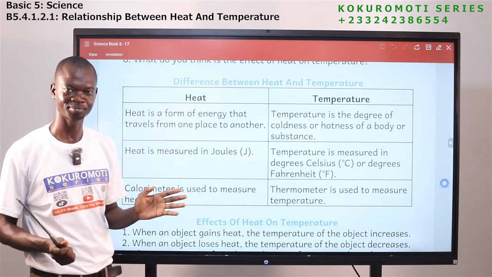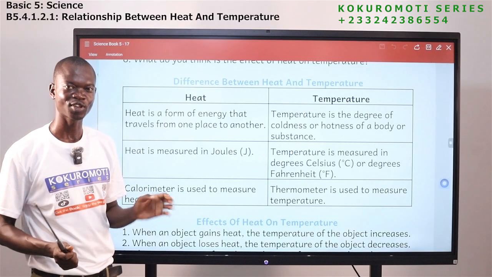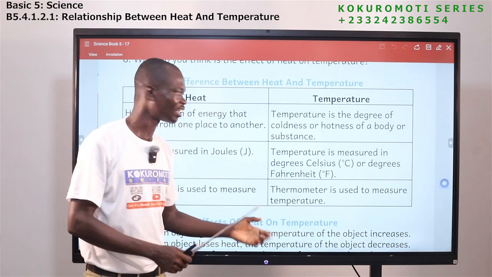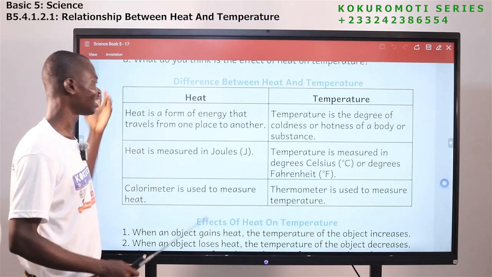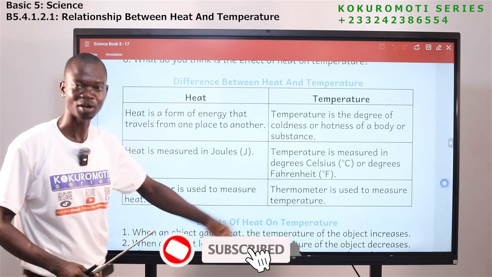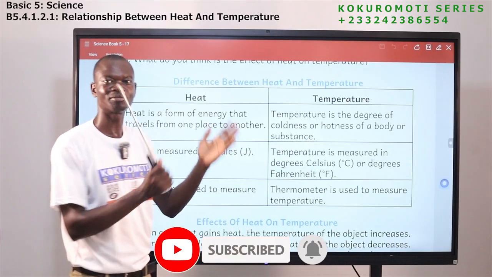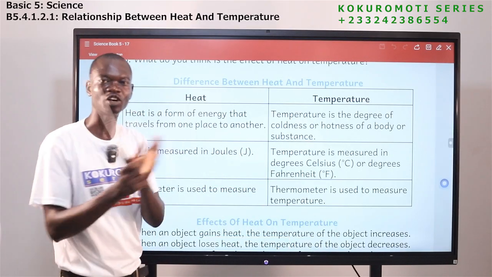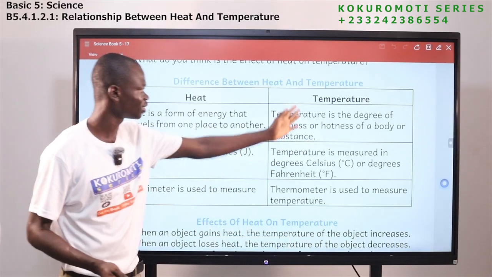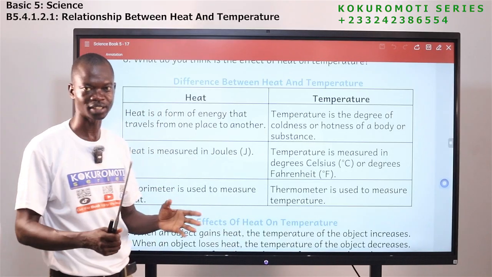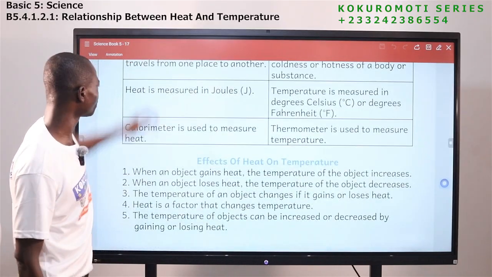So they are not the same. One is the degree of hotness, and the other is energy that is traveling from one point to another. Temperature measures how hot or how cold something is. So temperature measures the degree of coldness or hotness of a body.